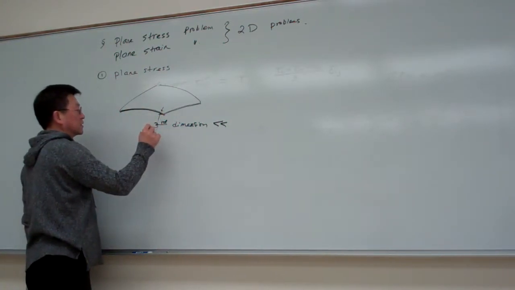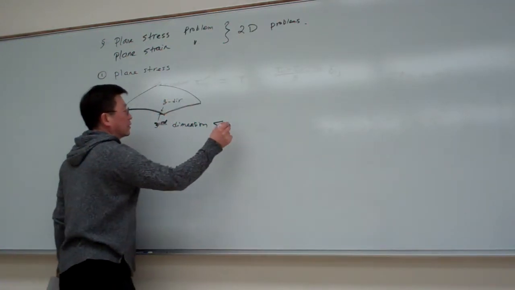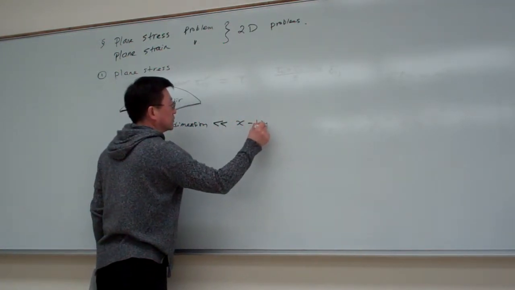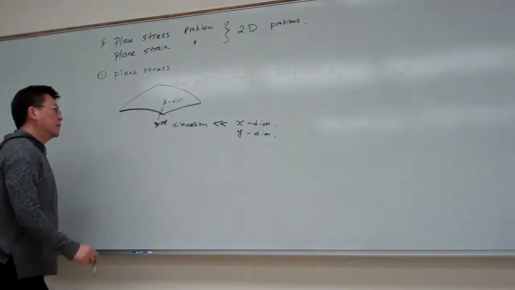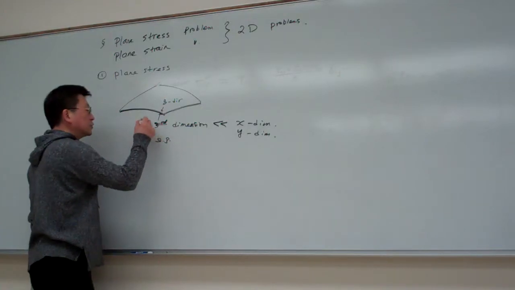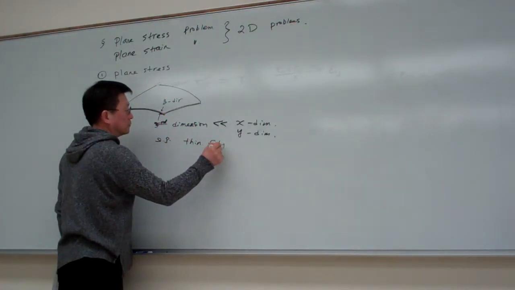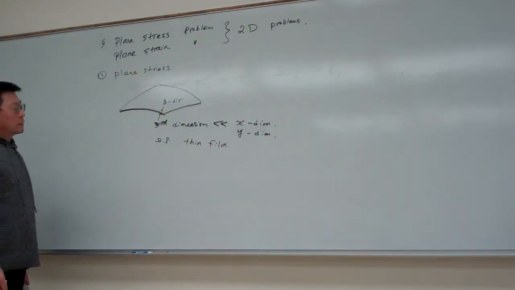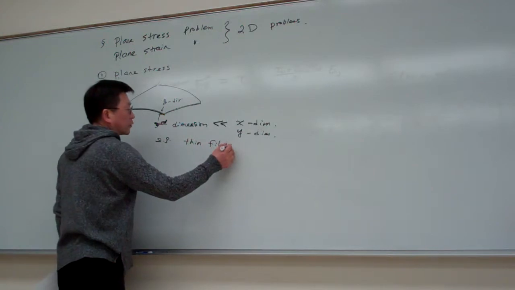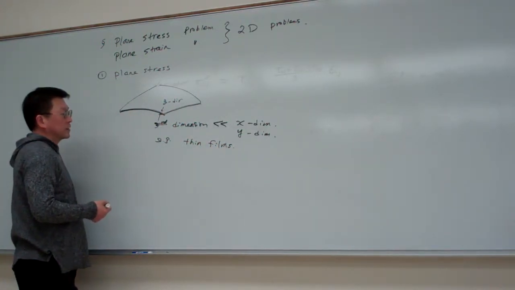Let me call this the z direction, then the x dimension and y dimension. An example of such a geometry is the thin film, and thin films are a good model and can be approximated by plane stress.